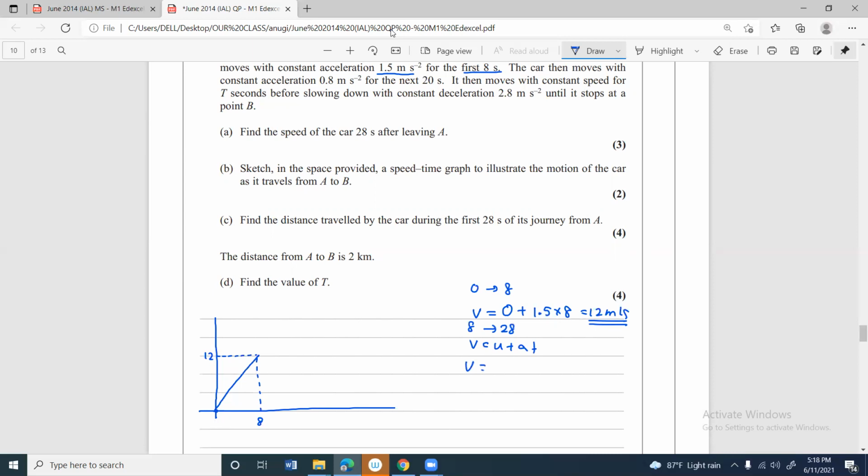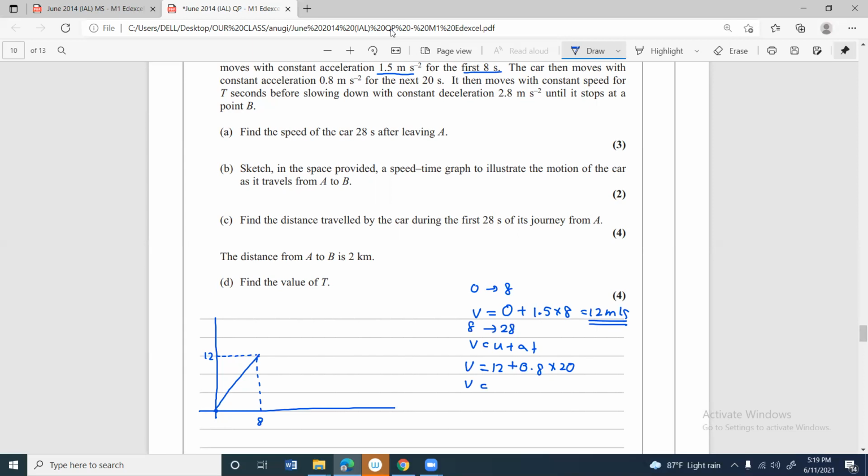Now at this moment, the initial velocity is 12 from here onwards, another 20 seconds with acceleration 0.8 for the next 20 seconds, into 20. So v is equal to 12 plus, let's turn up to 28.